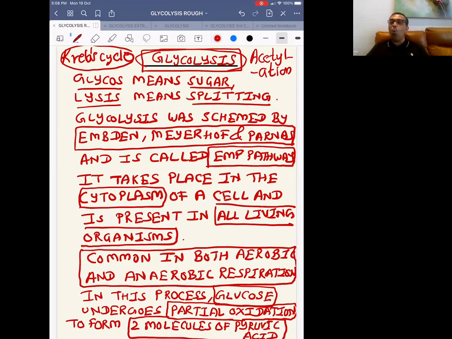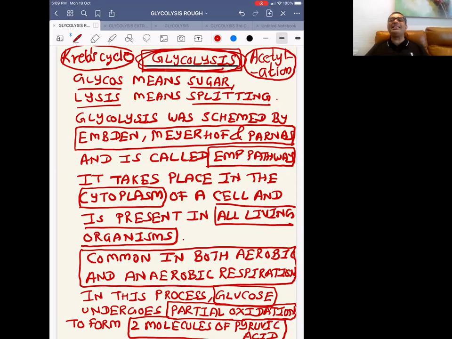So once again, what is the first step called? Glycolysis. Where does glycolysis take place? In the cytoplasm. What is the second step called? Acetylation. Where does acetylation take place? Starts in the cytoplasm, completes in the mitochondria.